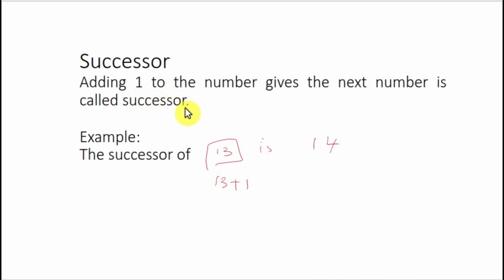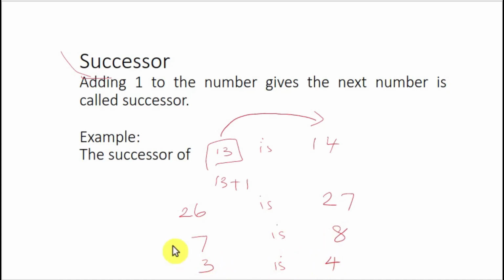For example, the successor of 26: we have to add 1. 26 plus 1 is 27. What is the successor of 7? 8. What is the successor of 3? That is 4. So, we have to add 1 to the number, and we will get the next number.